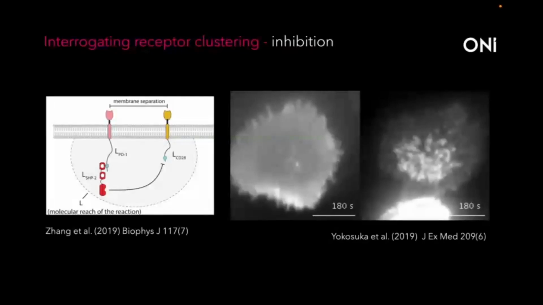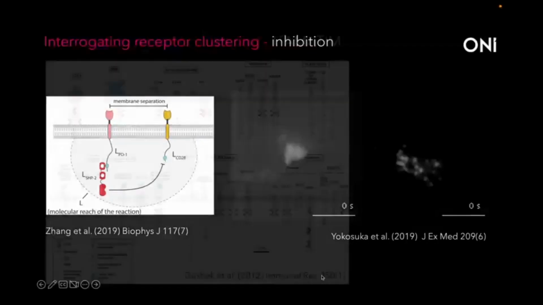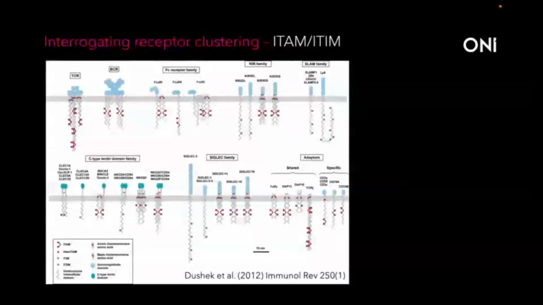This image is extremely informative for the global distribution of PD-1, but it won't tell you anything about individual cases of PD-1 inhibiting CD28. And this is extremely important across many, many molecules in immunology.